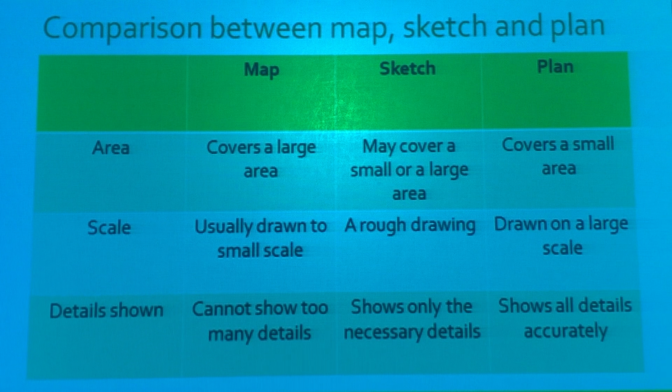It shows only the necessary details, not all the details but the necessary ones, and it is a rough drawing. While a plan covers a small area, so all the details are shown accurately and it can be drawn on a large scale.